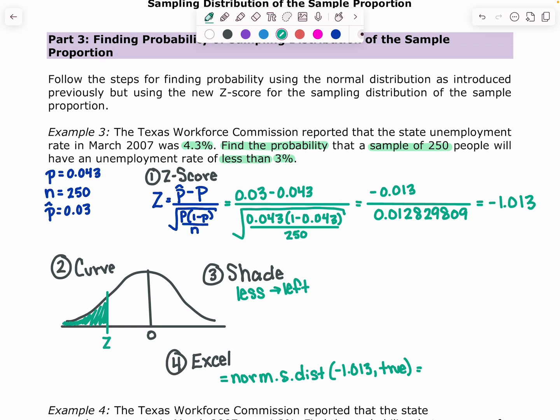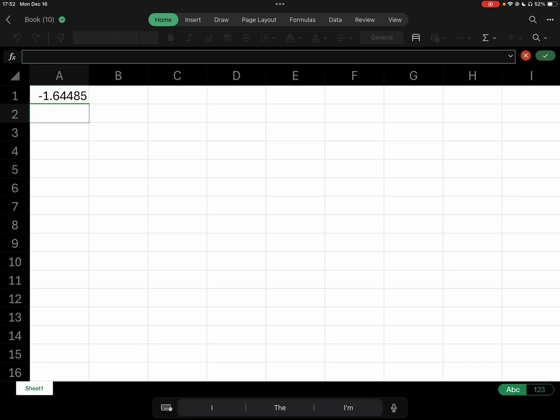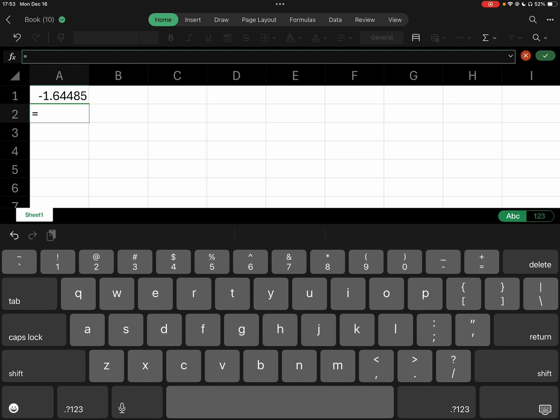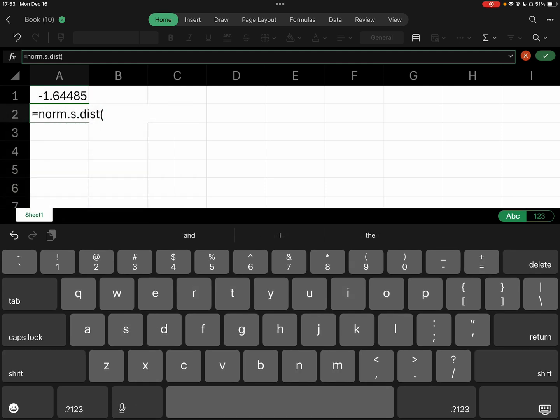Let me pull that up real quick. I haven't done this one yet, so let's just do that real quick together. Equals, nope, my keyboard is not connected. There we go. Show keyboard. Equals norm.s.dist negative 1.013, comma, true.